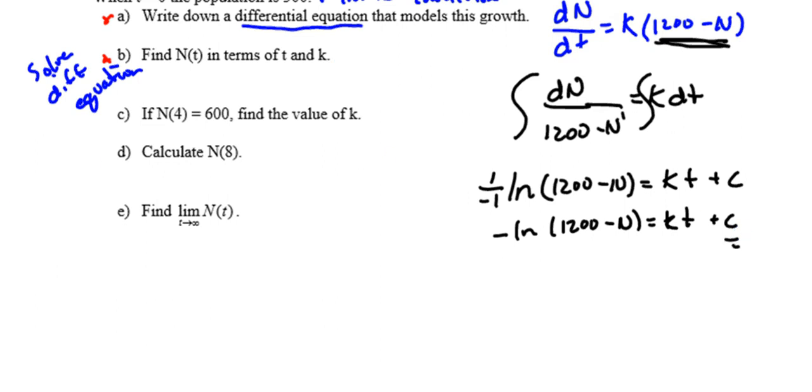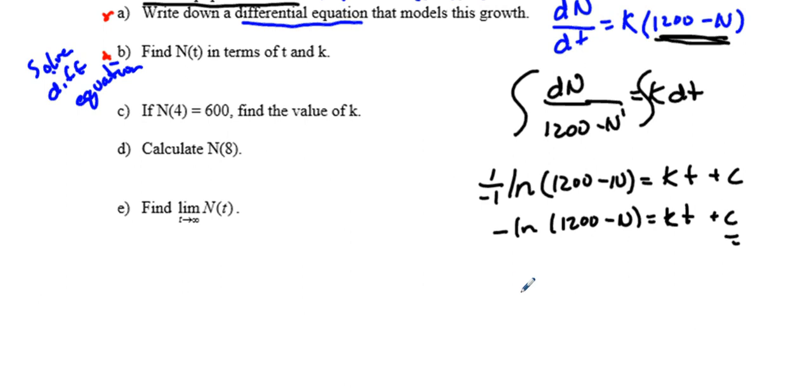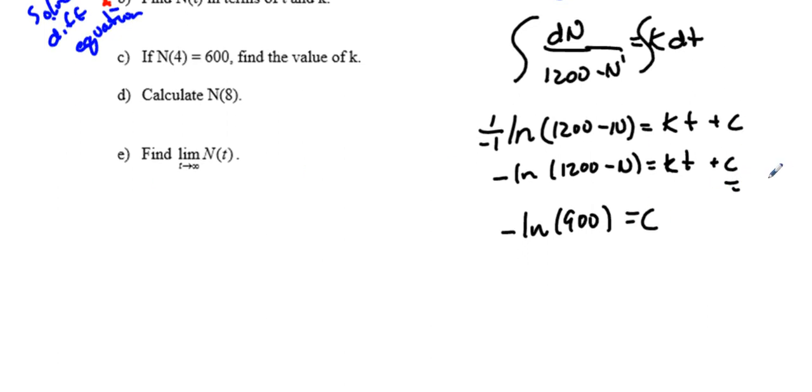When t equals 0, N equals 300, so we plug that in. We get negative natural log of 900 equals c. So we have our c value.